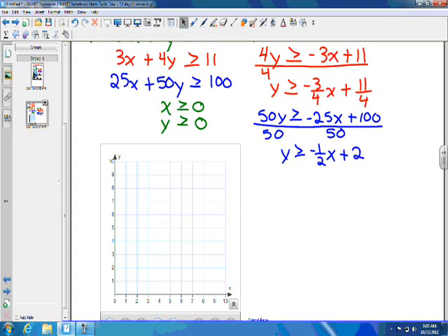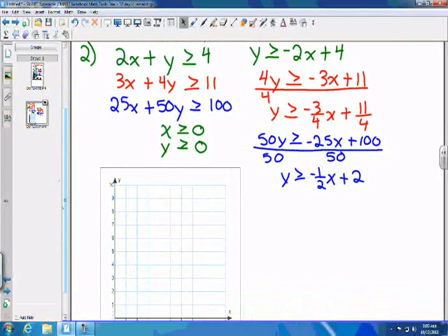You'll have to change your inequalities to greater thans. They were less thans on the last problem. So greater than or equal to negative 2x plus 4. Remember to put both your fractions in parentheses on that second one.